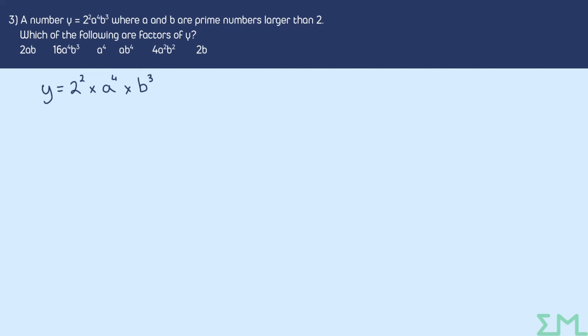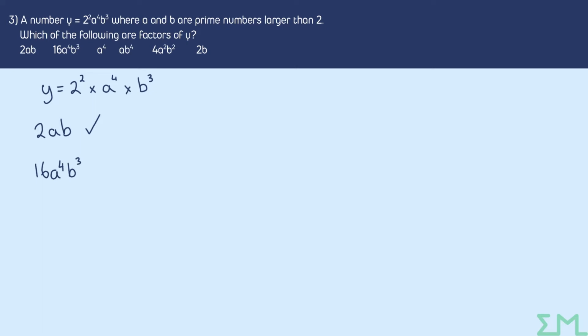So let's have a look at each one. 2ab. Now the 2 can come from the 2 squared, a can come from a to the 4, and b can come from b cubed. So 2ab is a factor. 16 a to the 4 b cubed.